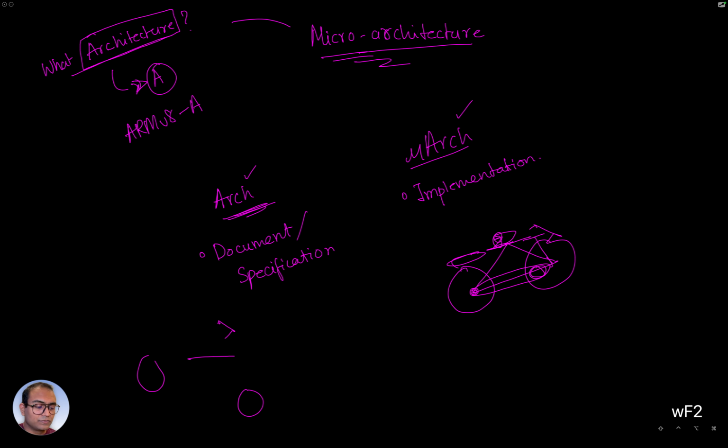All right, so that's with respect to what architecture is and what microarchitecture is. And now let's talk about what this A here is. ARM as a company gives out three types of architecture majorly for CPUs. One is called the M class architecture, the other is called R class, and the final one is A class.